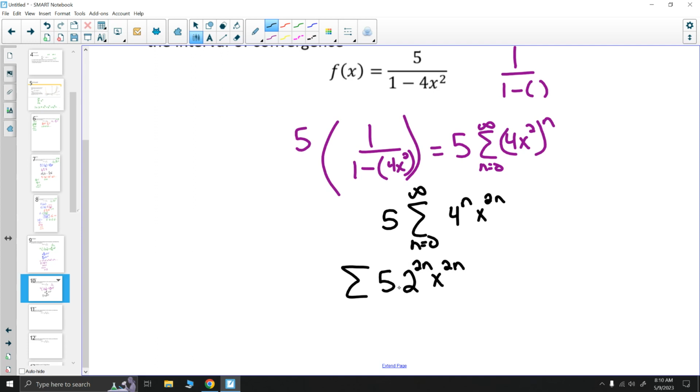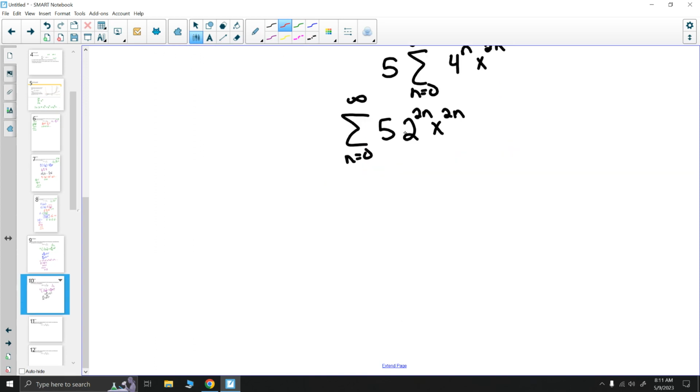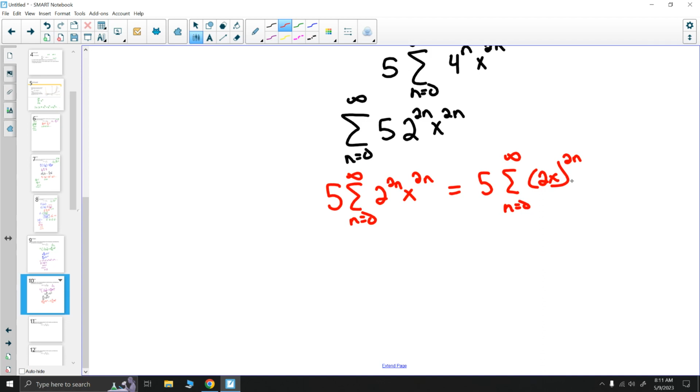So this is one of the reasons that we tend to leave that 5 out instead of putting it in, because it seems to make it a little bit messy. And since it's not really depending on n anyway, we don't have to have it there. So this statement is the same as this one, which is also the same as 5 times the sum n equals 0 to infinity of 2 to the 2n x to the 2n, which technically speaking, if you wanted, you could also write as 5 times the sum n equals 0 to infinity of 2x to the 2n if you would prefer.